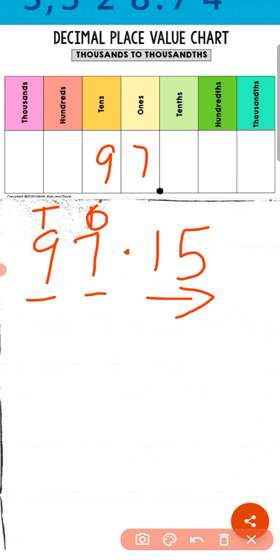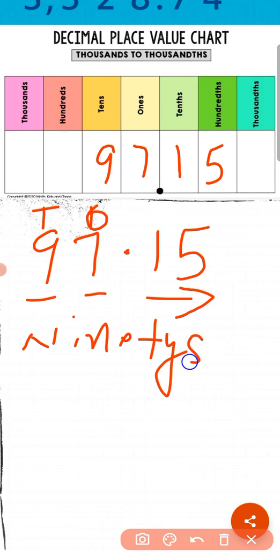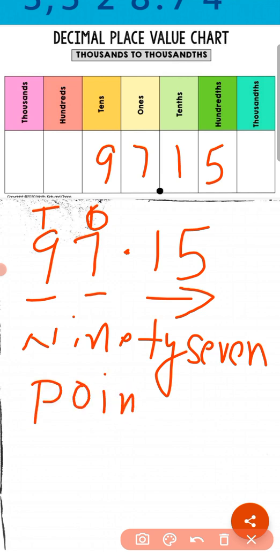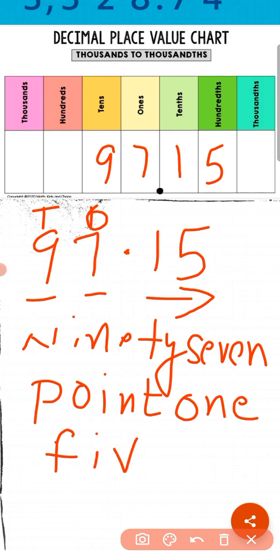First place is tenths, 1 tenths, 5 hundredths. Read it as 7 point 1 5.